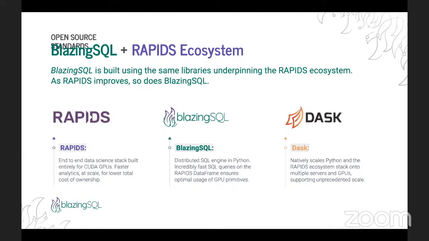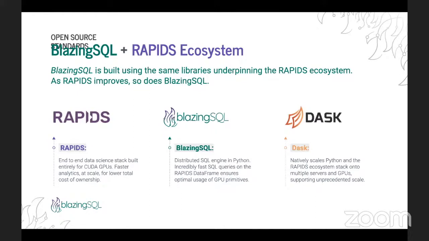Today, we are going to be talking about cuDF, which is a backbone of Rapids. It's a data frame that sits in memory, and all the computations that you run against cuDF run on a GPU much faster than anything that you run on a CPU. Blazing SQL adds on top of that, and it helps you to express yourself not necessarily in a pandas-like API using cuDF, but in a SQL engine.